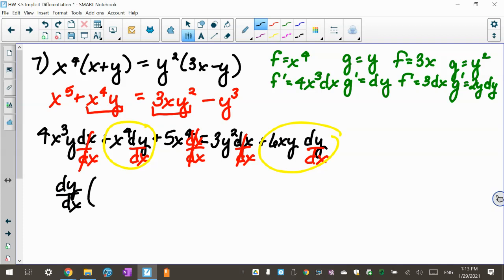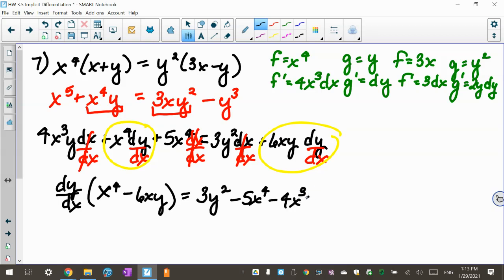So when I factor that out, okay, I'm going to have an x to the 4th, okay, and then I'm going to move over the minus 6xy, so I factored it out. On the other side, I'm going to have a 3y squared and a minus 5x to the 4th and a minus 4x cubed y. So I think I covered it all right?